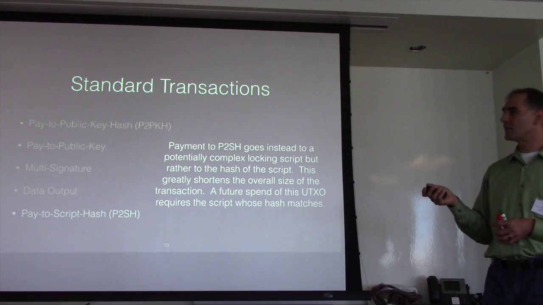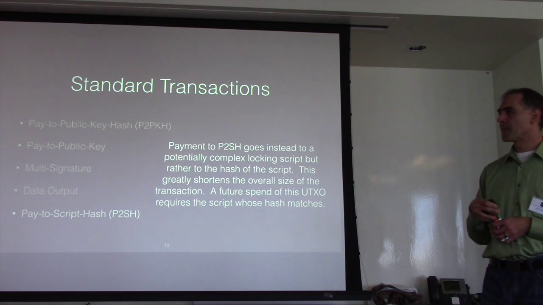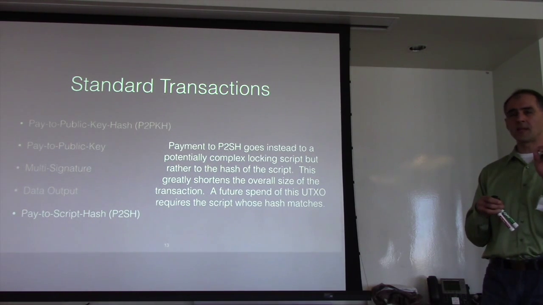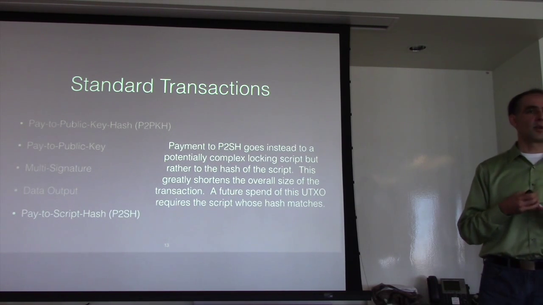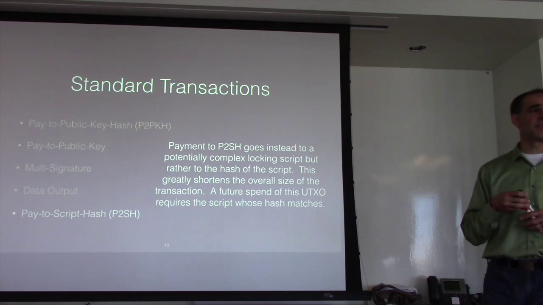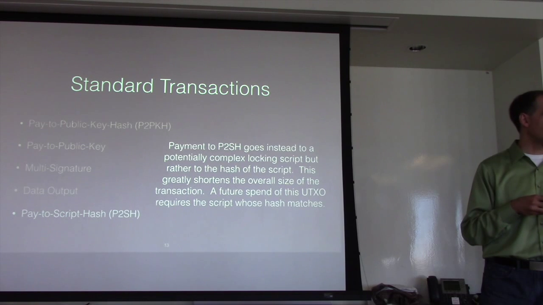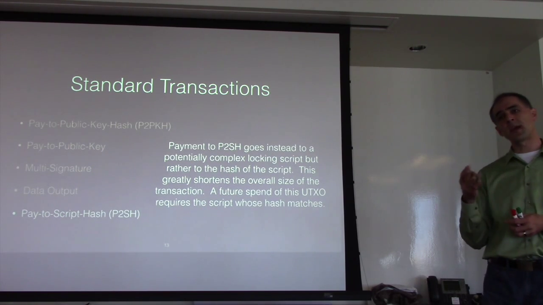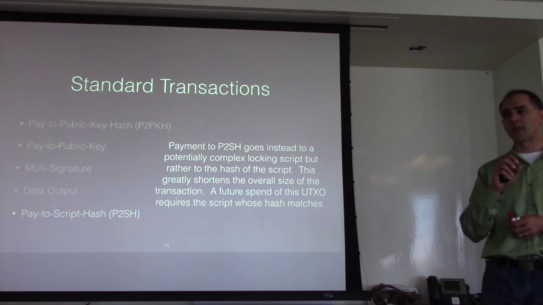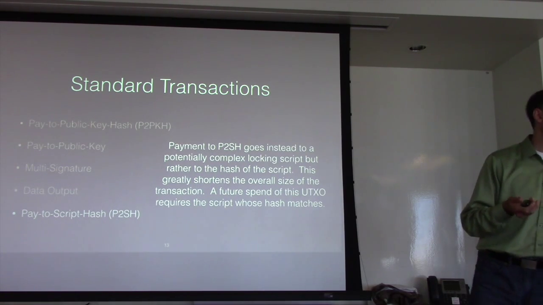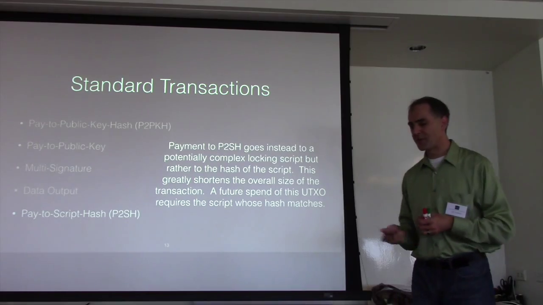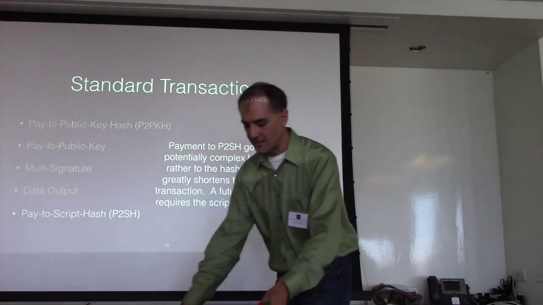All these standard transaction types are, I think, elegantly described in detail in Andreas Antonopoulos' book, Mastering Bitcoin. Everyone should get a copy; you can get it on GitHub. Personally, I got a physical book because I like to write in it, but the GitHub will get you up and running very quickly. We're going to use some of his vernacular in explaining this.